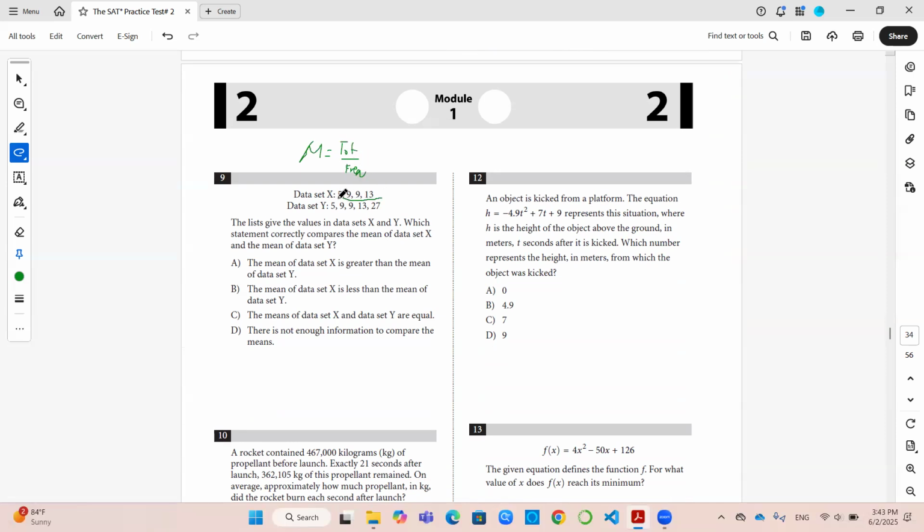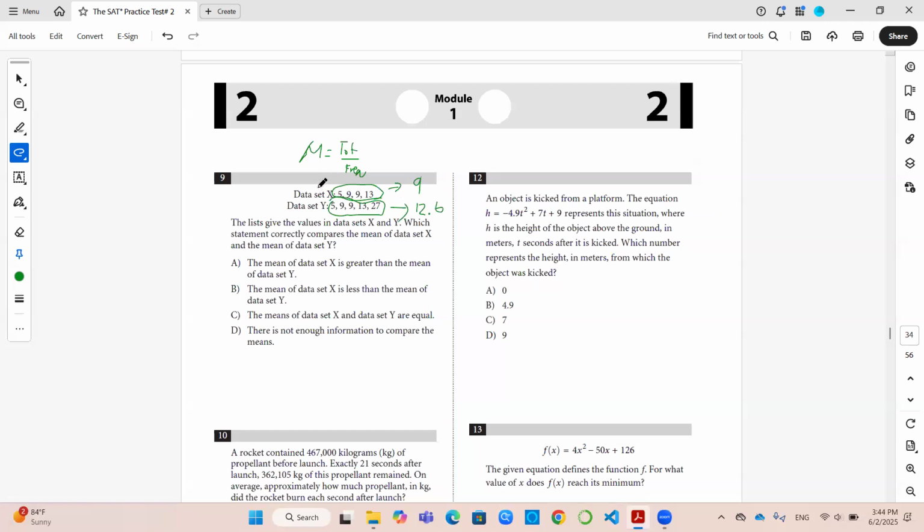So I'm going to add this all up for X. If I do 5 plus 9 plus 13 divided by 4, I get 9. And for data set Y, I'm going to do 5 plus 9 plus 9 plus 13 plus 27 divided by 5. And I'll get 12.6.